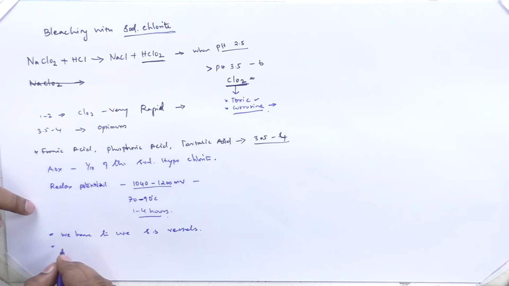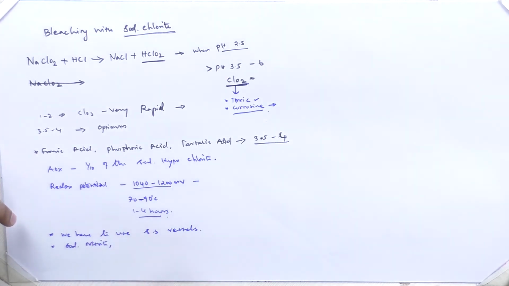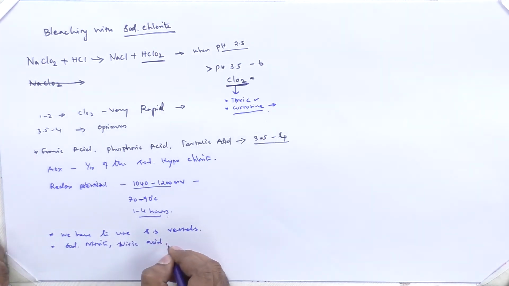We also have to use scavenging agents like sodium nitrite, or sodium or ammonium nitrate, nitric acid, and melamine is used as a scavenging agent.